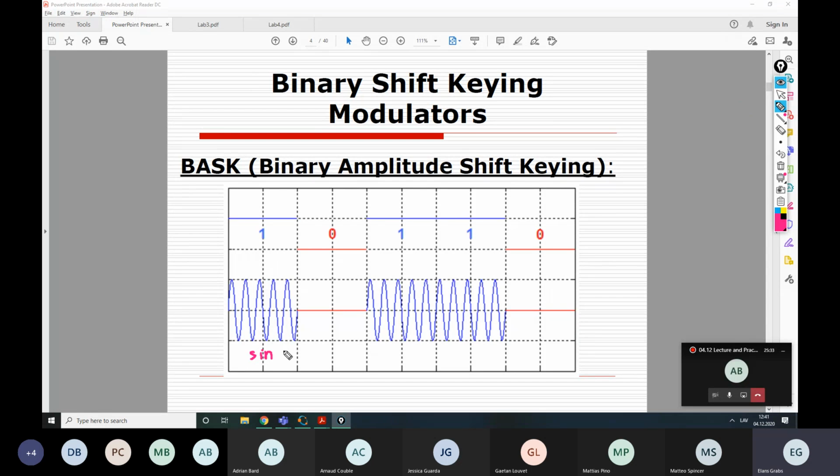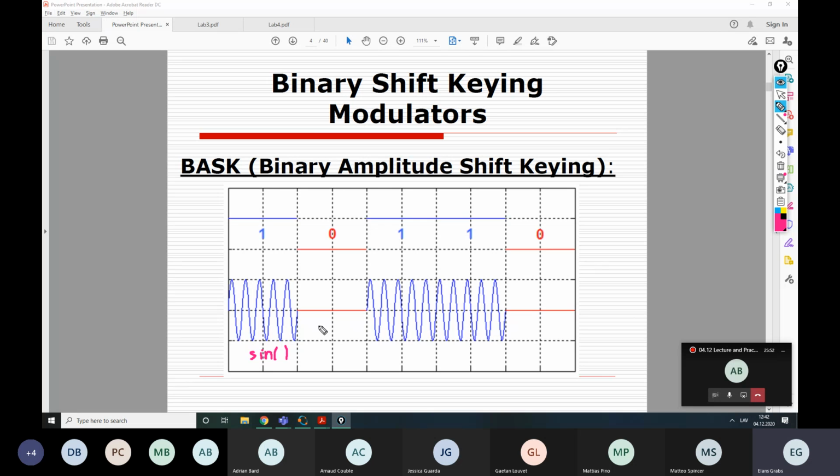Basically, it can also be a cosine function with some random phase, but it is a trigonometric function anyway, right? And for 0, we have a 0 level, and so on.